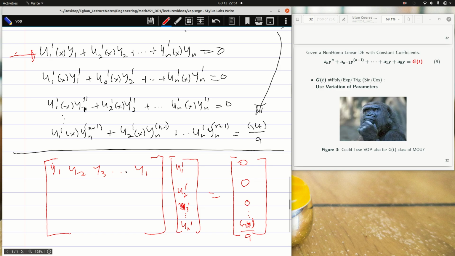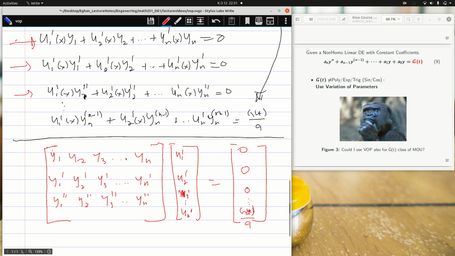The second row takes the derivative. The third row takes the second derivative. And then we'll take the last row. That one becomes, so let me extend the matrix.